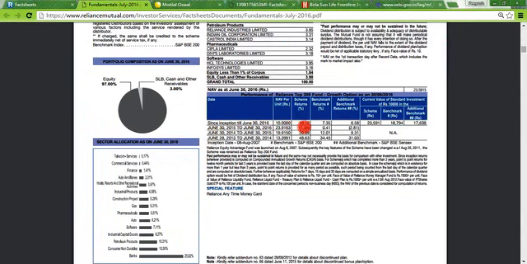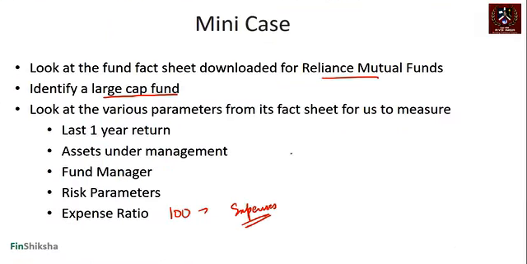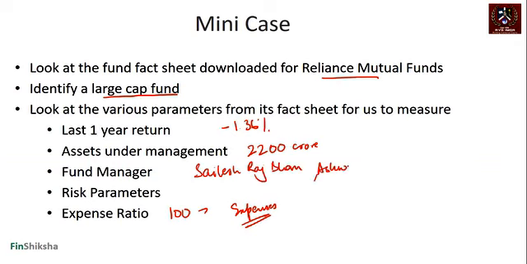Minus 1.36% is the last 1 year return. Let's write some of these data points down. That's minus 1.36%. This is about 2,200 odd crore. This is Sailesh Raj Bhan and Ashwini Kumar. These are the two fund managers.